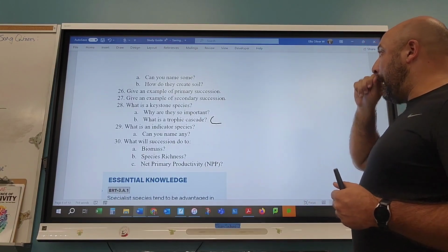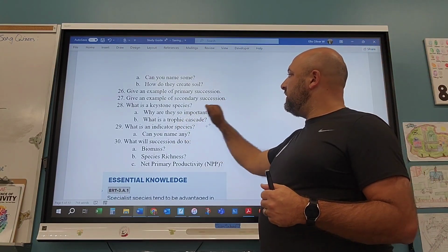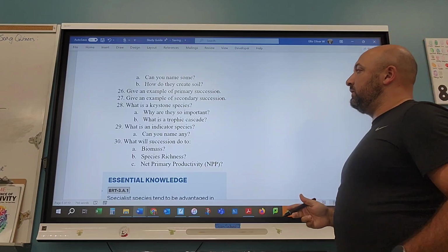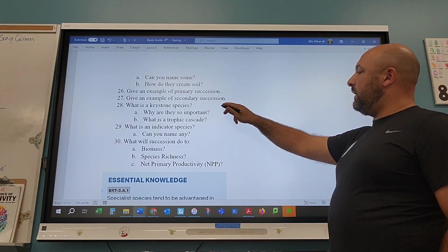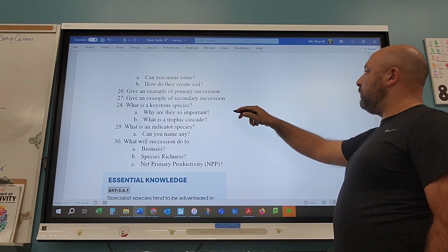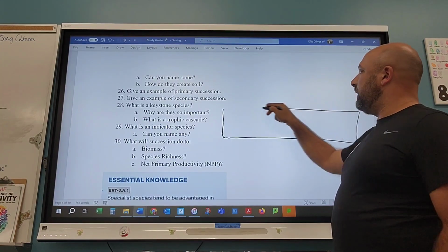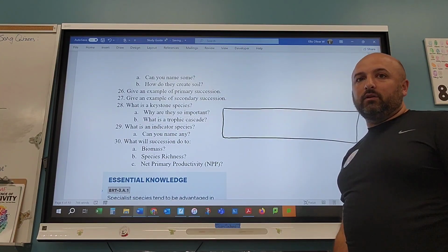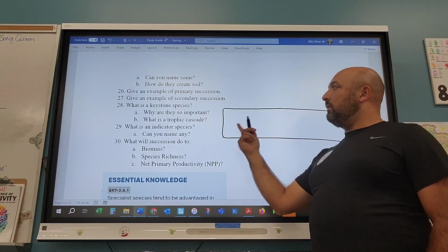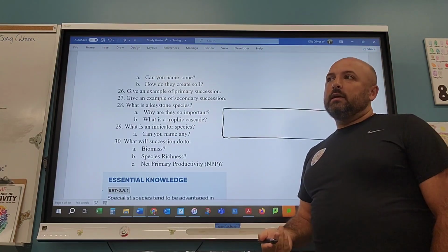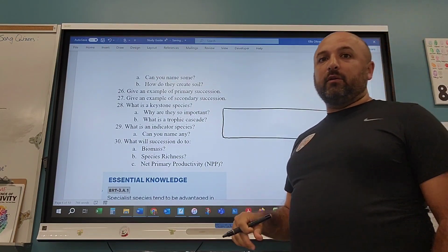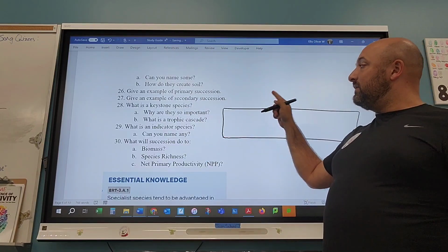Okay, let me see here. What is an indicator species? Can you name any? So if we go to a river or a creek and we look inside that river, and we see mayfly larvae, dragonfly larvae, larvae of these really important ecosystem predators, we know that that's a healthy stream or river.